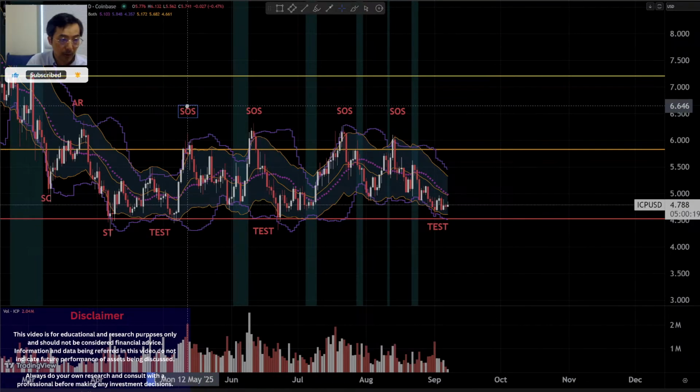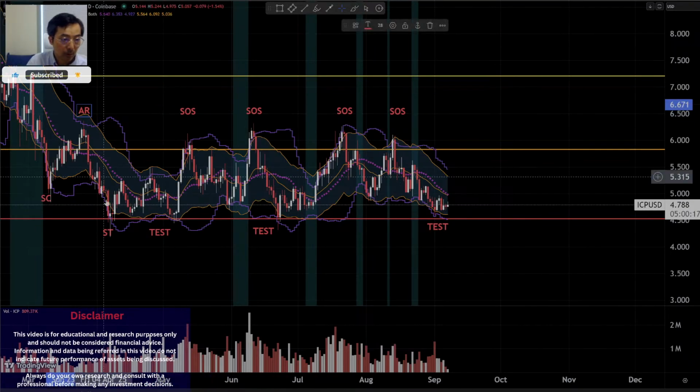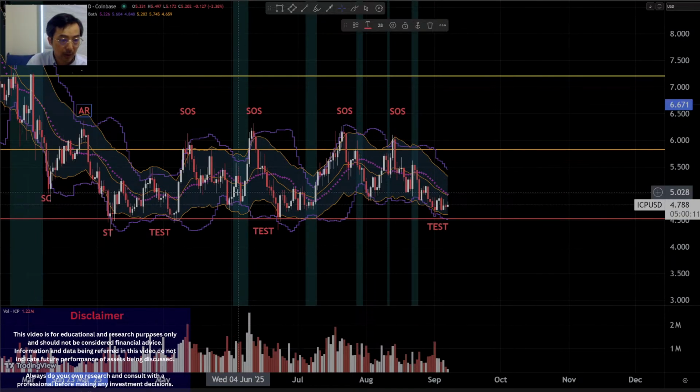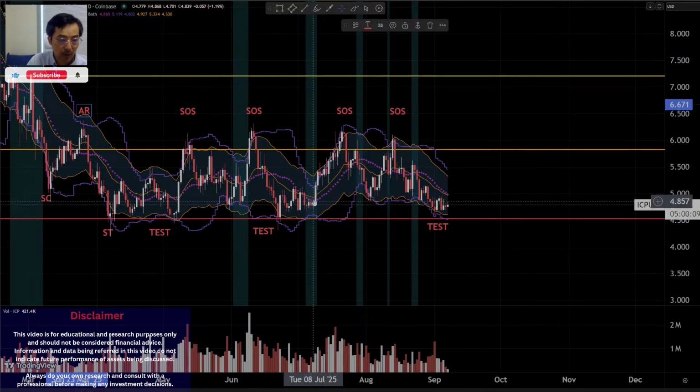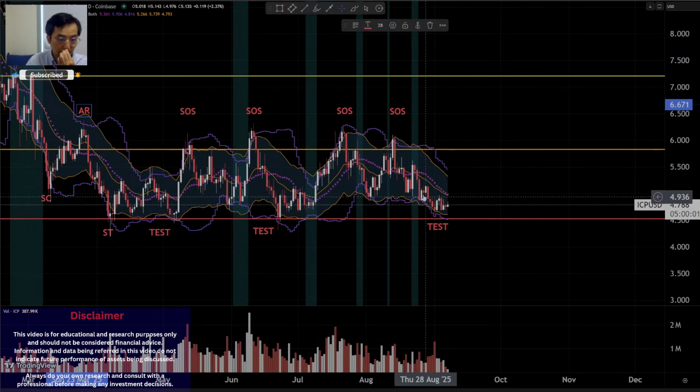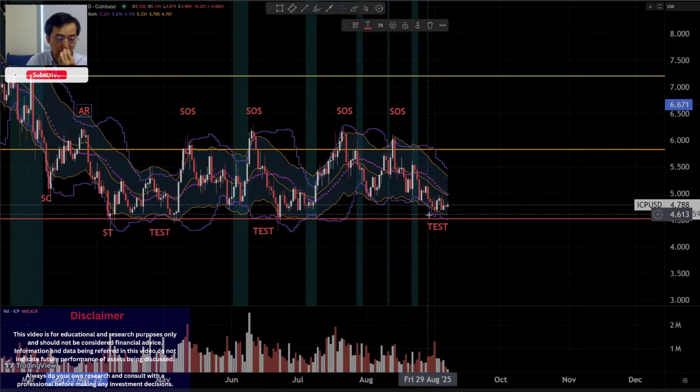Now we're in the daily time frame. So you see squeeze up, and then squeeze up, come down, squeeze up again, and then the squeeze pushed it further down and up again. Yeah, that's how it happens. So the squeeze can squeeze up or down.